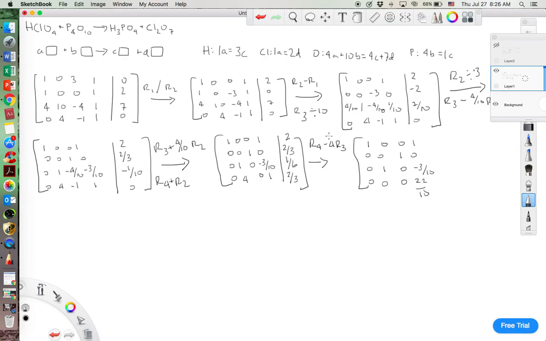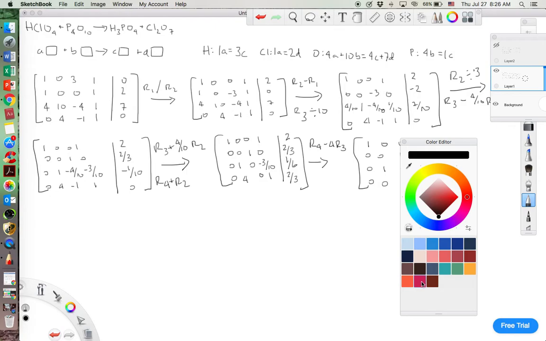Right, so 4 times 3/10 is 12/10. 1 is 10/10, so 10/10 plus 12/10 is equal to 22/10. And we get 2, 2/3, 1/6, and 0. Because this value is 0 here, it gets pretty easy from here on out.